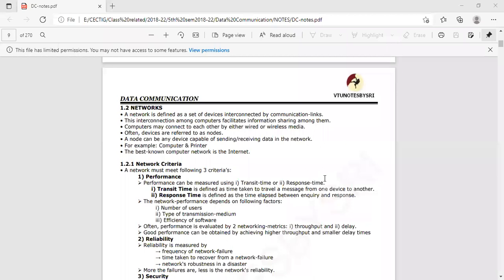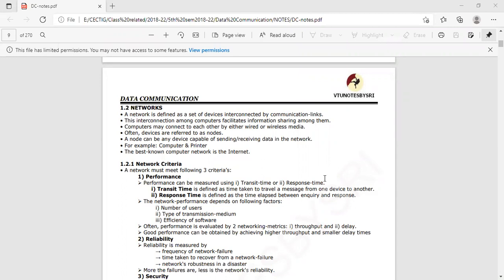As I said, the first is the internet speed, the second is the number of users, the third is the type of transmission medium, and the fourth is the efficiency of software. This performance is evaluated by two networking metrics, throughput and delay.